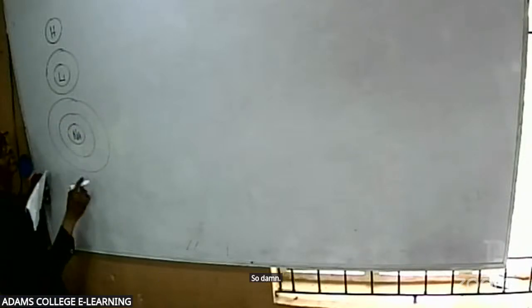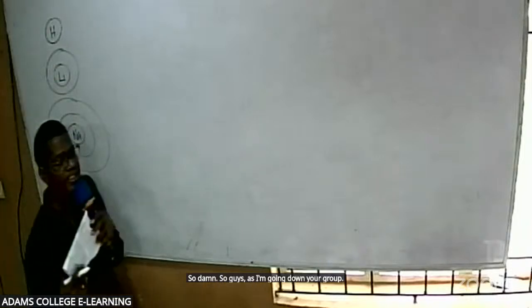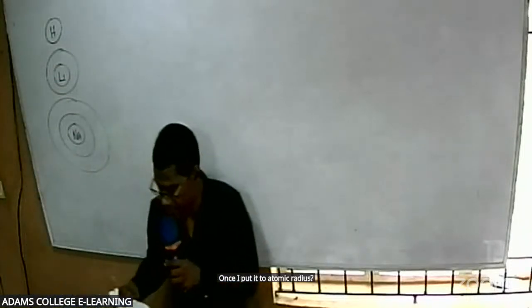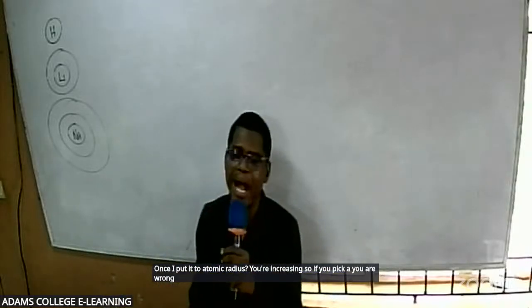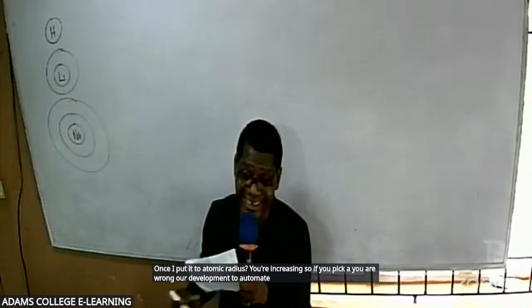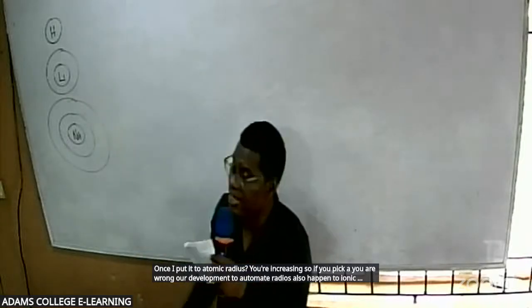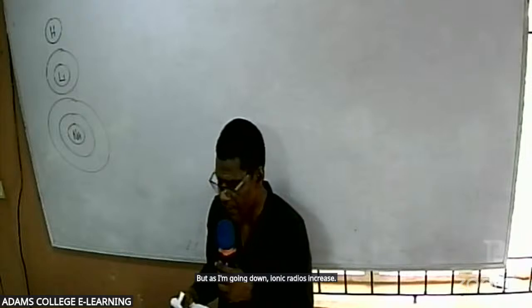So you can see, as we are going down the group, what's happening to atomic radius? Increasing. So if you pick A, you are wrong. And whatever happened to atomic radius also happened to ionic radius. As they are going down, ionic radius increases. So A and B are wrong.